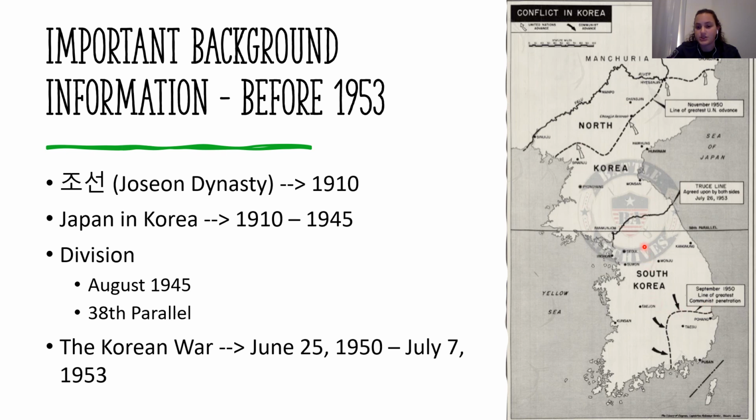They then pushed the Soviet forces and North Korea all the way back up to right around here. So North Korea just had this little sliver of land left, and unfortunately they weren't able to completely push them back because this is when the Soviet Union started helping them again, and they managed to push them back to the present day DMZ, the demilitarized zone, which is where the truce was set on July 26th of 1953.